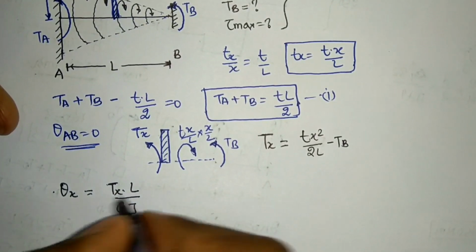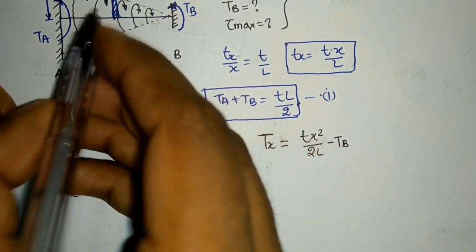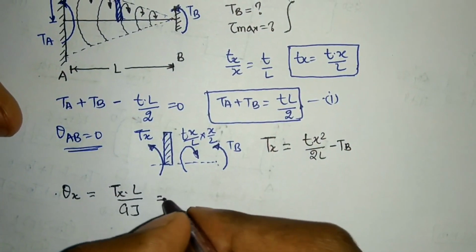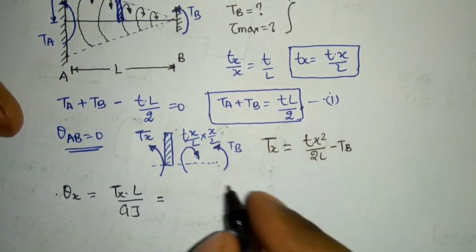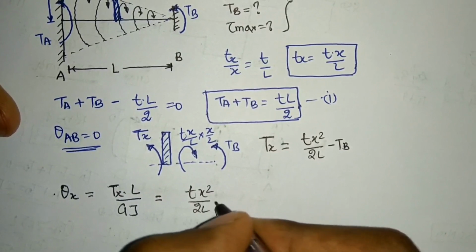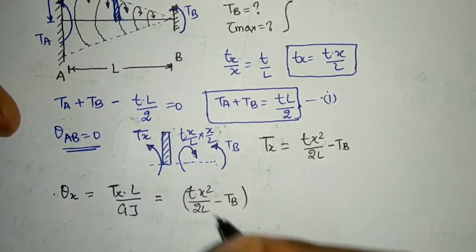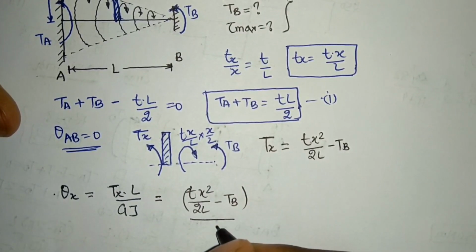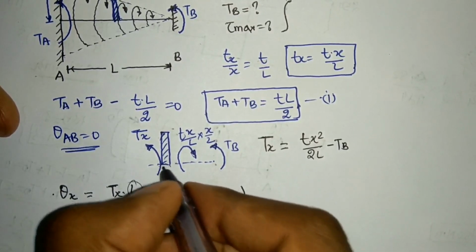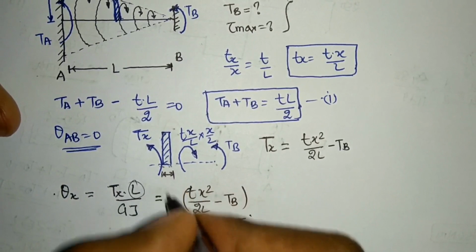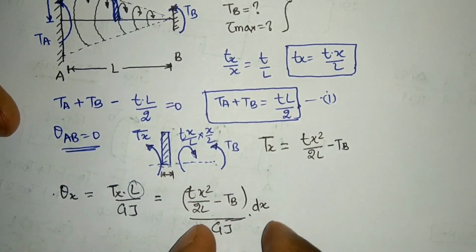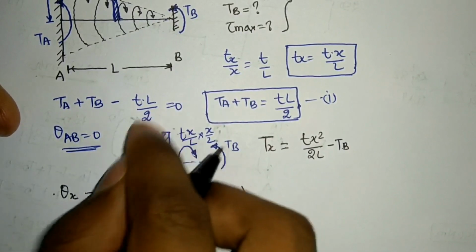GJ is a constant because it is the same material and same diameter. So that will give me Tx square by 2L minus TB, divided by GJ into length. What is the length of this element? I am considering an element of length dx, so into dx. That is the theta of this element only.